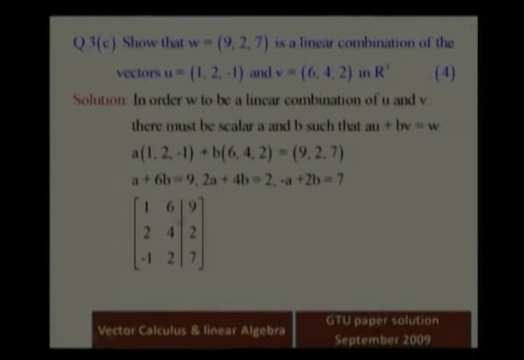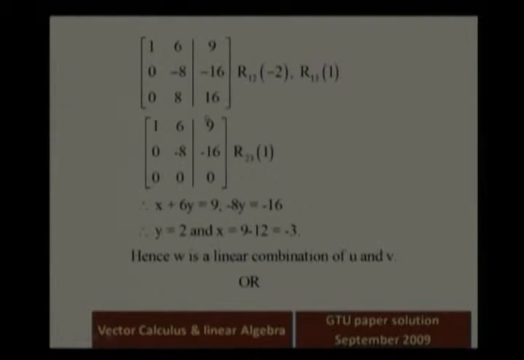Then we multiply the first row by 1 and add it to the third row. We get 0, 8, 16. The first row stays as it is.